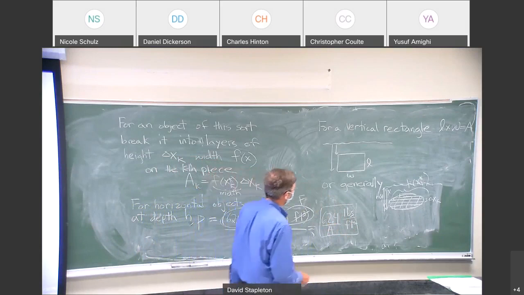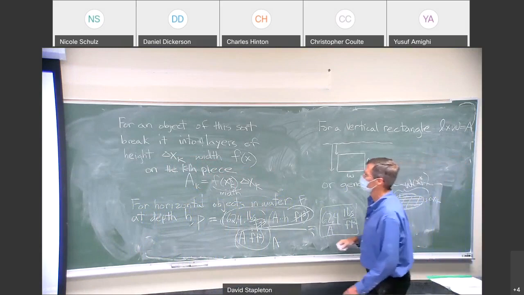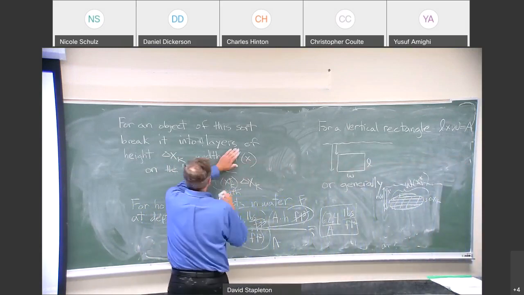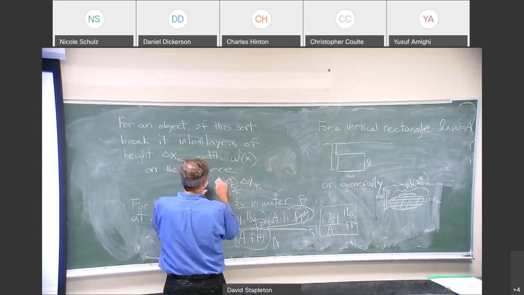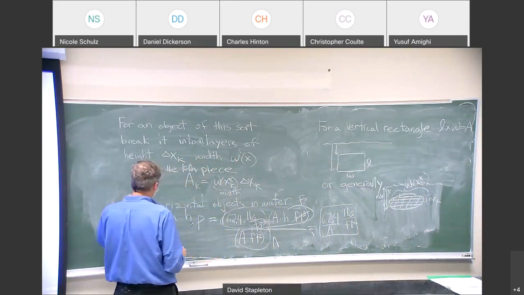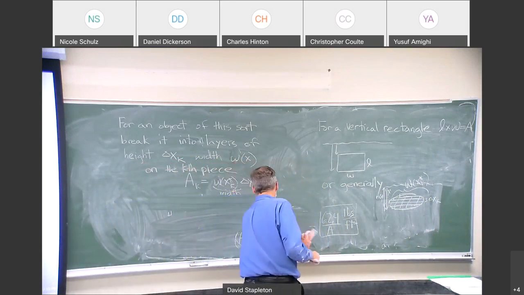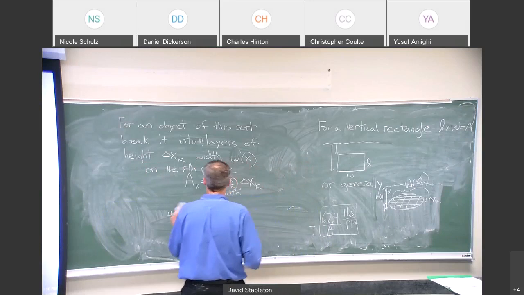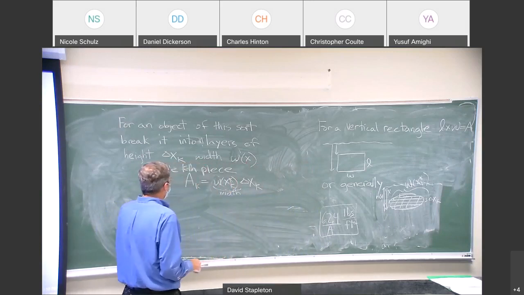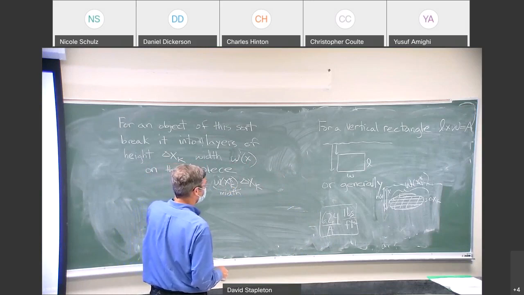Actually, I was just looking there for the notation. They use W for width. Let's call it W, just to be suggestive like they did. Width W of x. So there's the area of the kth piece, and then you multiply it by the density function. You get the mass of this.